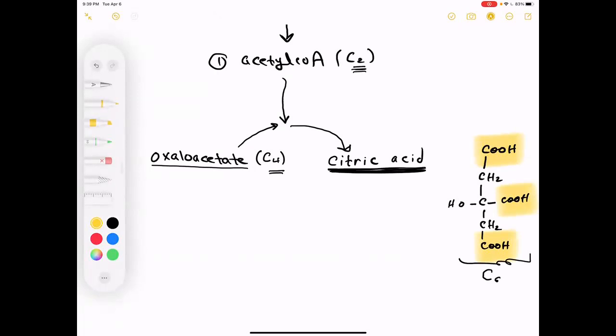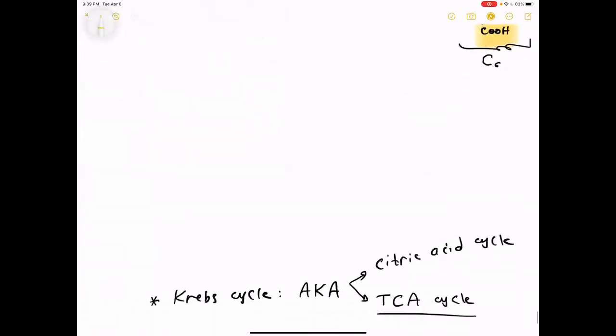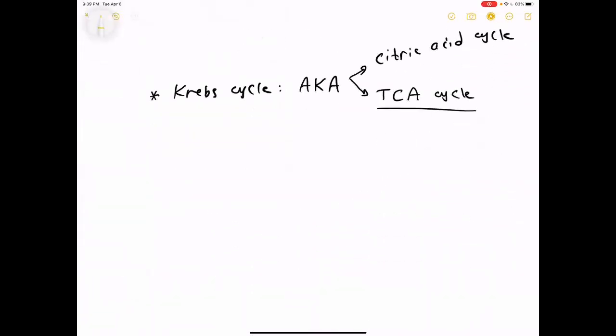So going down again, this means the tricarboxylic acid, and we are referring, remember, to citric acid, which is the first intermediate formed in the cycle.